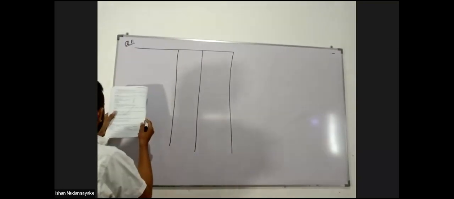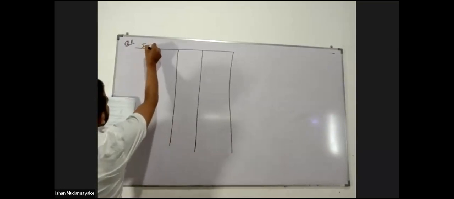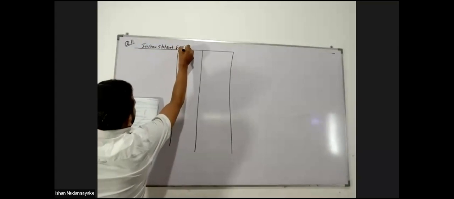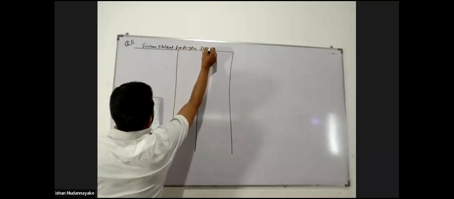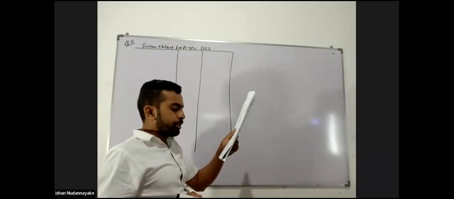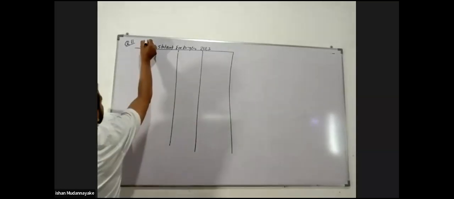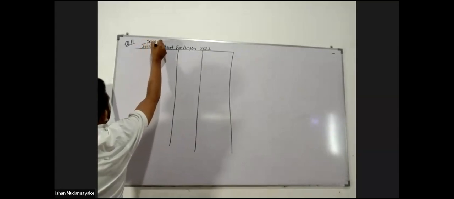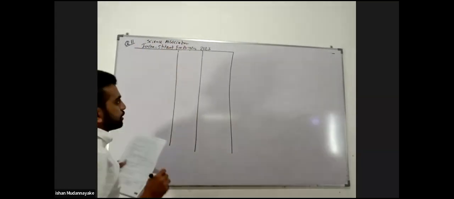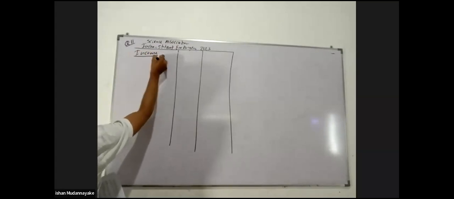We write down: income statement for the year 2023, Science Association of Kotavehera Mankada Mahavidyalaya. Just write down Science Association, and then income minus expenses. Simple.